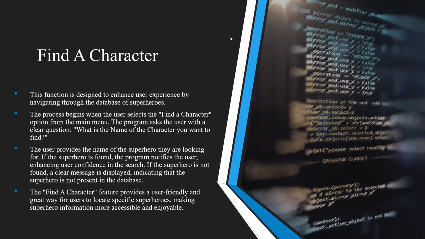If the superhero is found, the program notifies the user, enhancing user confidence in the search. If the superhero is not found, a clear message is displayed indicating that the superhero is not present in the database. The find a character feature provides a user-friendly and great way for users to locate specific superheroes, making superhero information more accessible and enjoyable for the user.